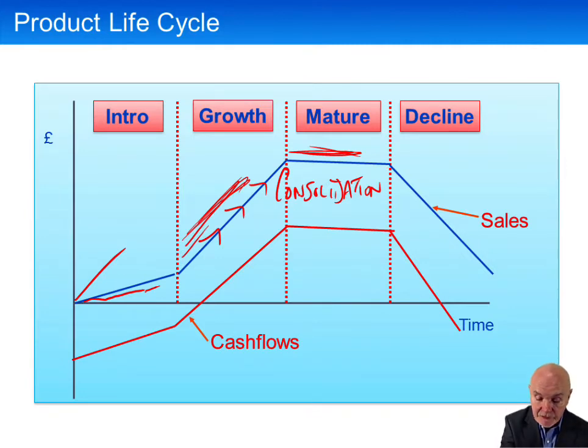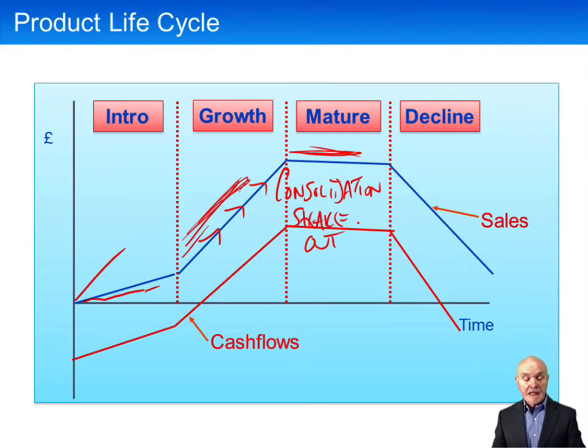Also in here there's sometimes a process of shakeout. This is where some companies decide they can't stand the heat, that they can't bear this very intense price competition and really some really big competitors now and so on. And shakeout means some people leaving.